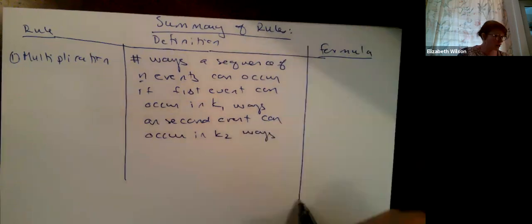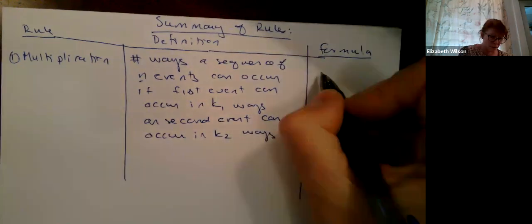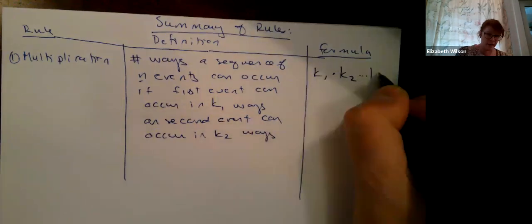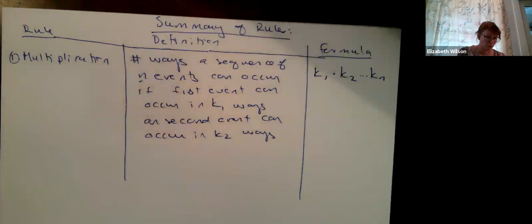Our multiplication rule says we're just going to multiply all these together. So this becomes k1 times k2, all the way up to however many we are enumerating. That's our multiplication rule.